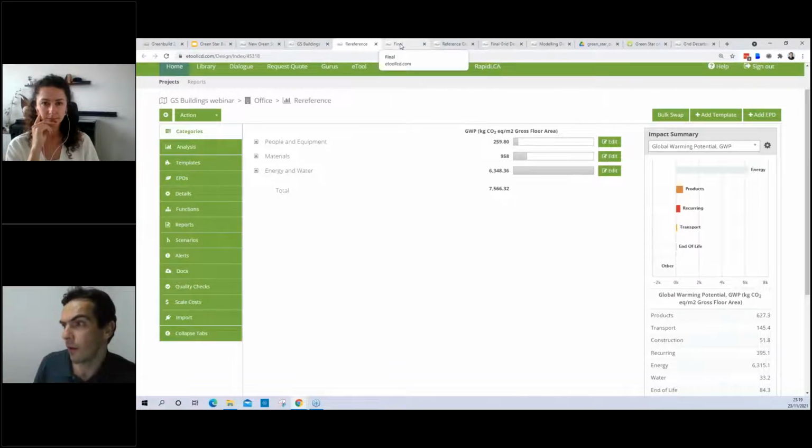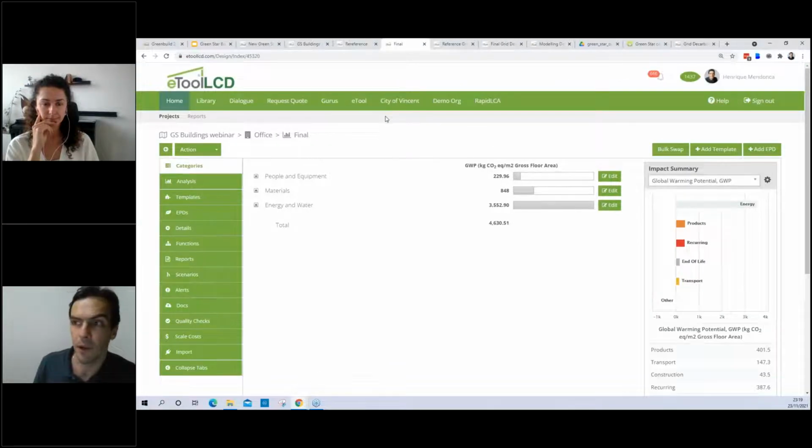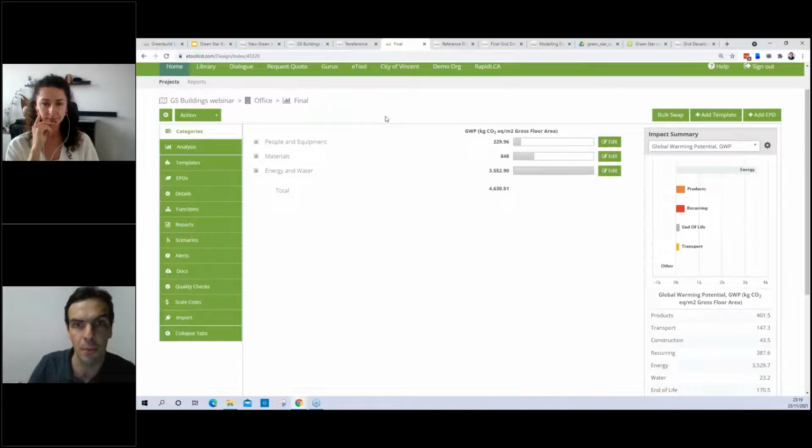And in the final design, when all the improvements are implemented, most of them coming from energy efficiency, you see the big change coming from energy. So from 7.5 tons per meter square over a 60-year lifespan down to 4.6 tons.